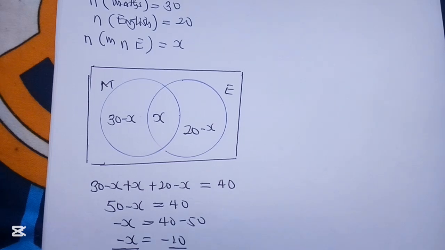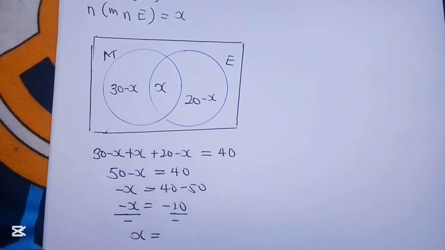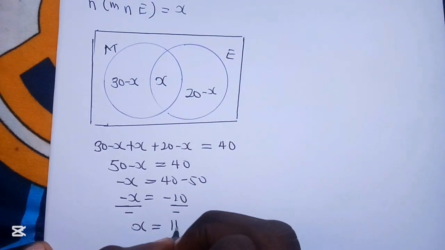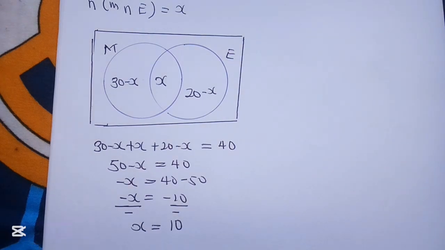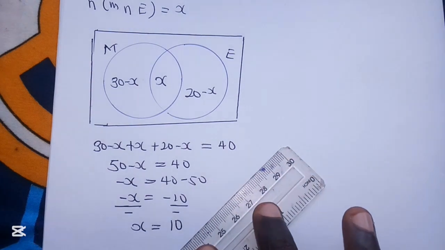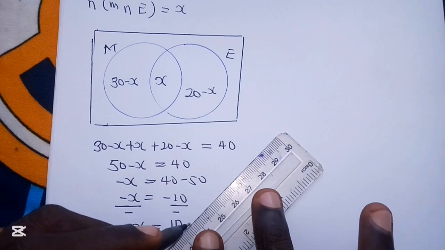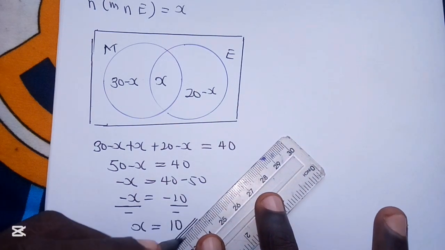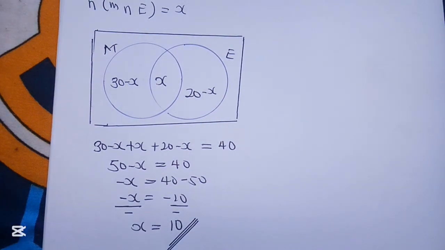So the value of X becomes 10. So it means there are 10 students that offer both mathematics and English at the same time, or there are 10 students that read both math and English.